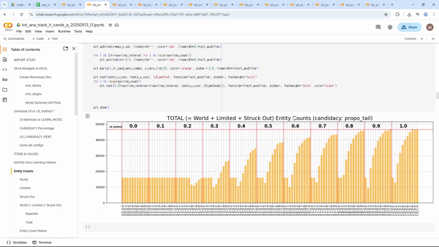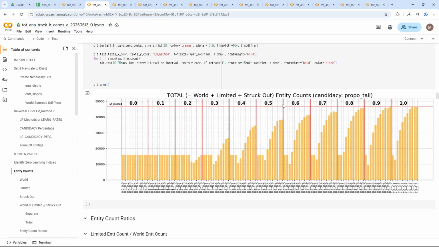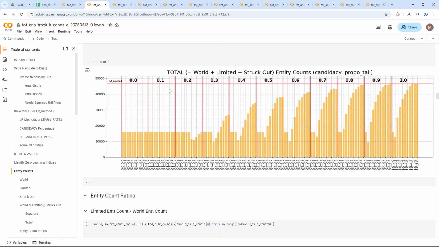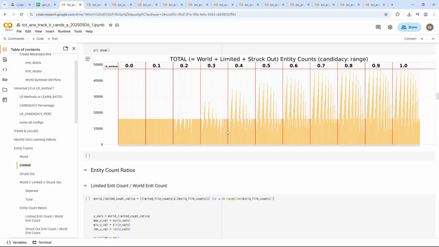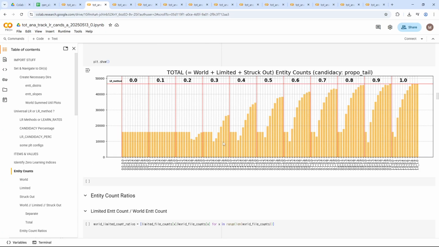And this is the total entity counts. They start increasing. Same here.